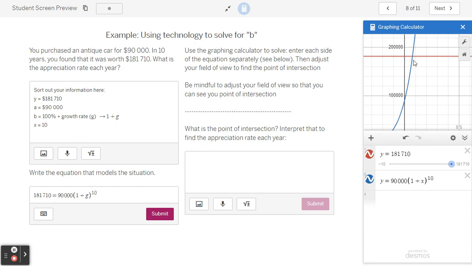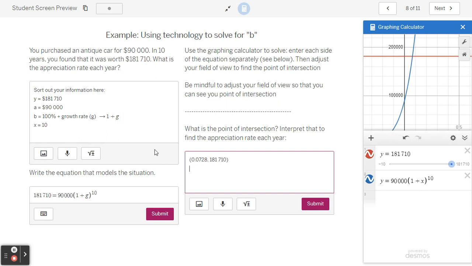Now, here's our graph. We find the point of intersection. The point of intersection is 0.0728 and 181,710.